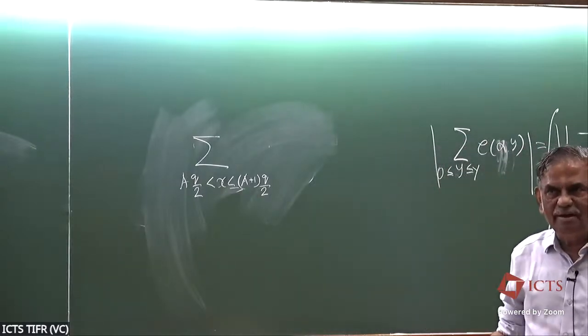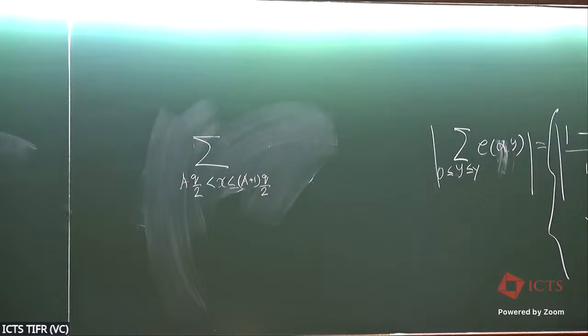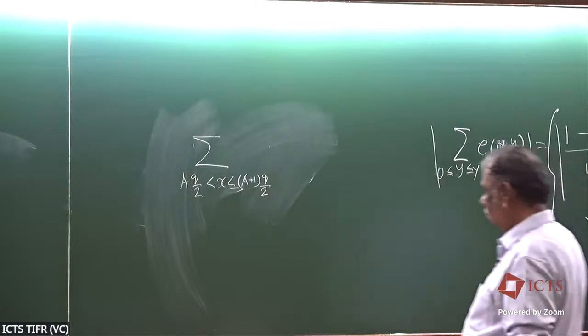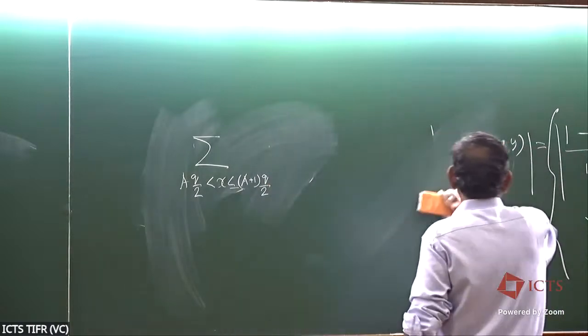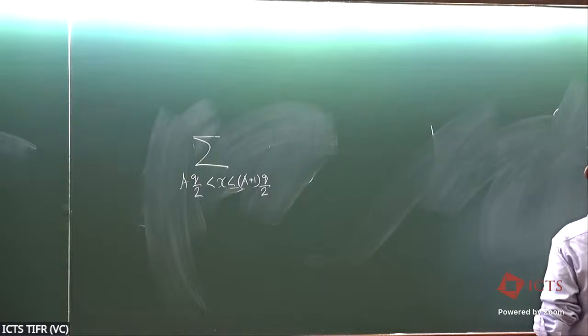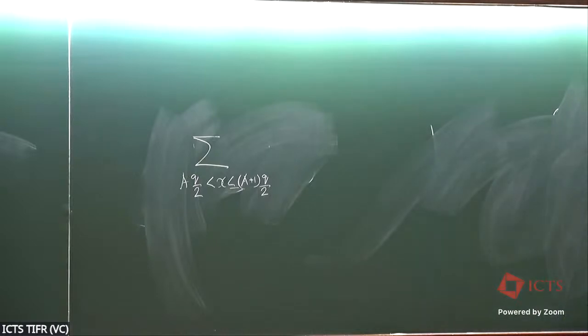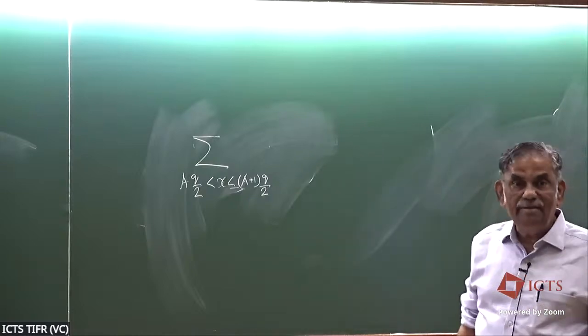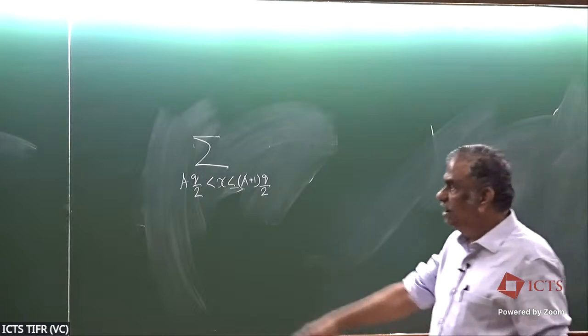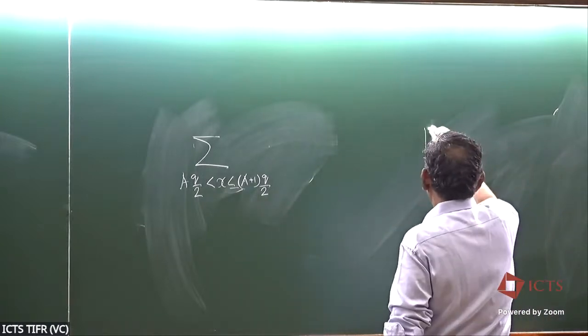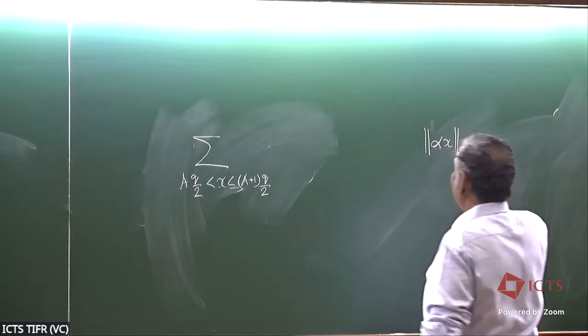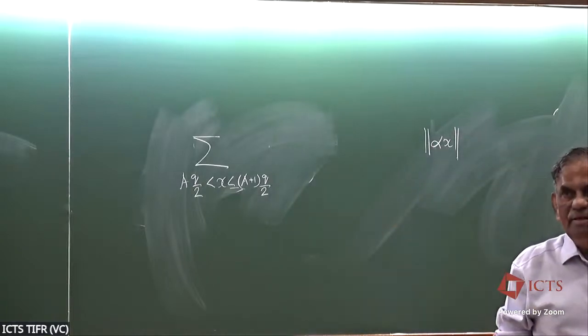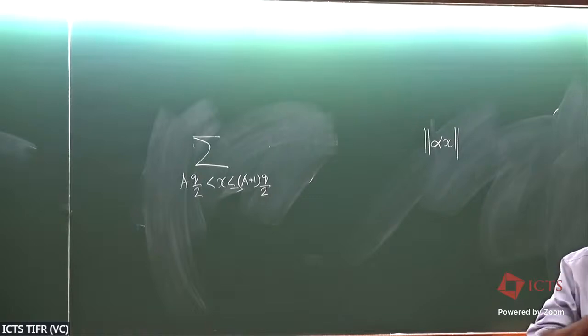It doesn't matter, I will get an extra constant too, that's all. Then I want to say in this particular range, if I now look at these elements alpha x, when x runs in this range, then the elements of alpha x are 1 over 2q distance apart.